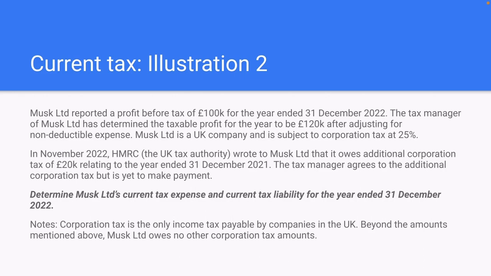The tax manager has looked at this and agrees to this additional corporation tax, but is yet to make payments. So the question is, determine the current tax expense for Musk Limited and also determine the current tax liability for the year ended 31 December 2022. So like I said, the starting point is very similar to the first illustration.